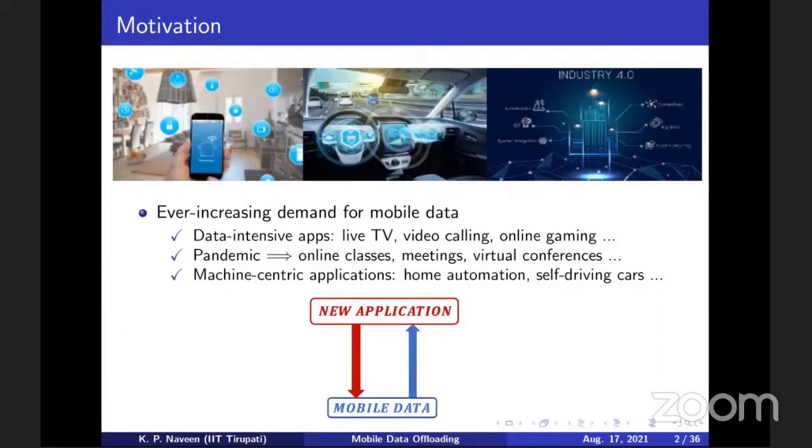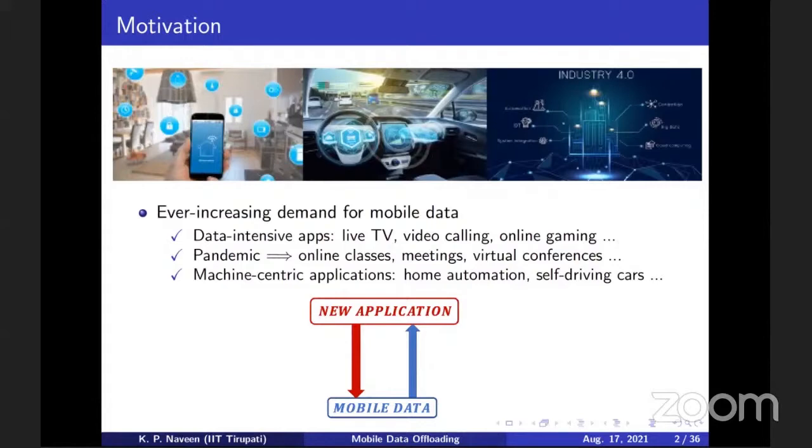Here, I would like to mention that the blame is not just on the new applications. There's some kind of a cycle going on where one is feeding into the other, right? The newer applications are adding to the demand for mobile data, but also as and when the operators start providing more and more data, that is acting as a catalyst for the developers to come up with newer applications which are much more data intensive, right?